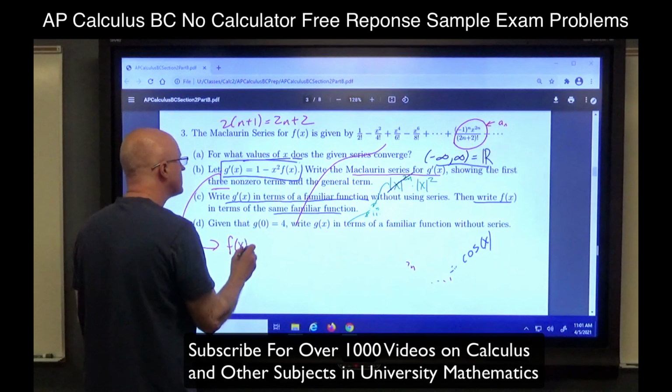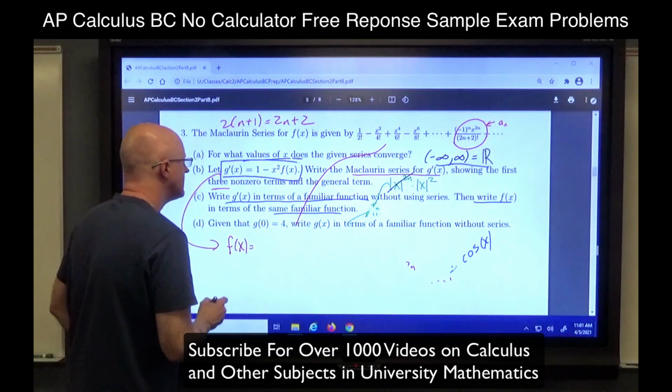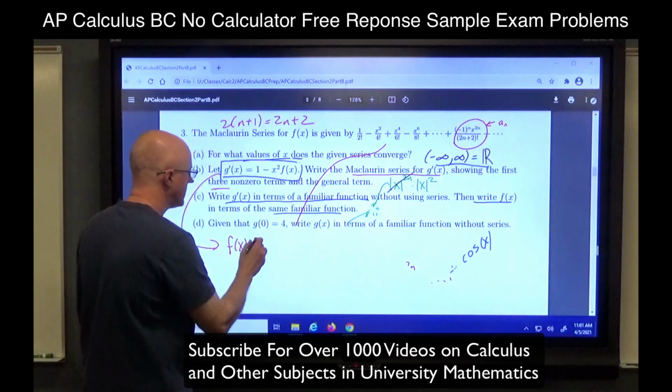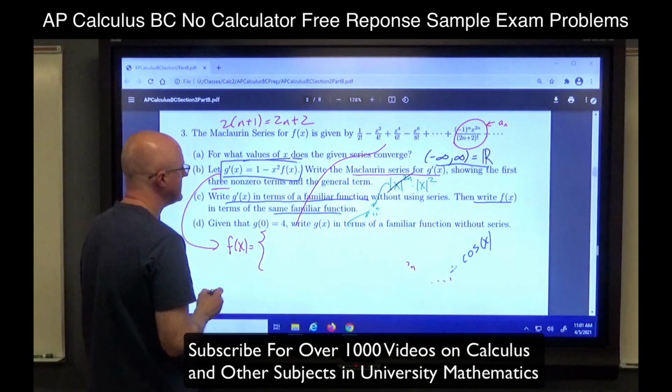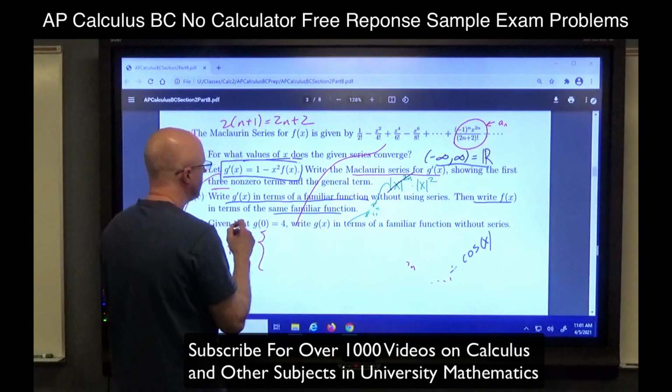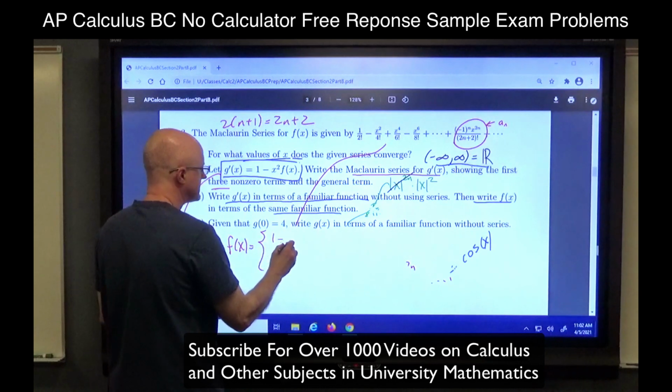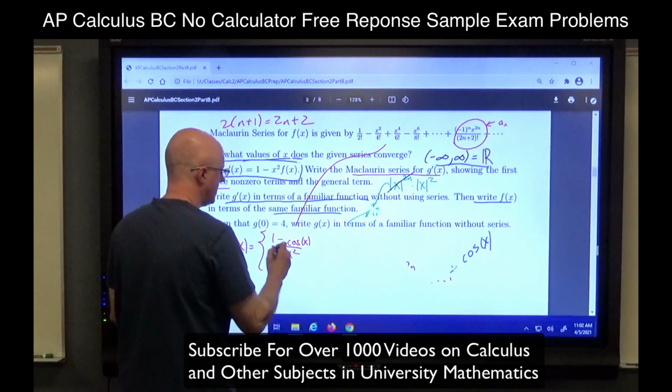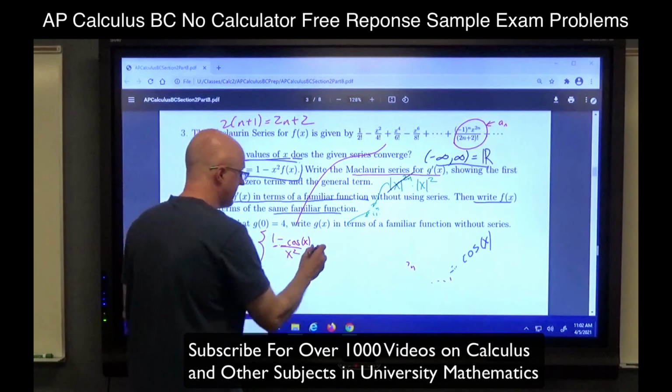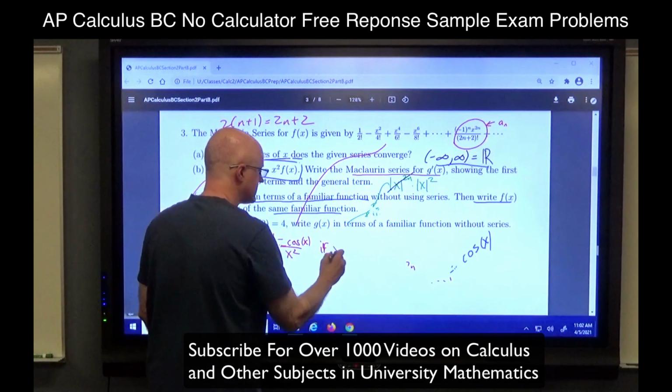F of x is going to be, careful here, it's really a piecewise function. It's going to be 1 minus cosine of x divided by x squared, as long as I don't divide by 0, if x is non-zero.